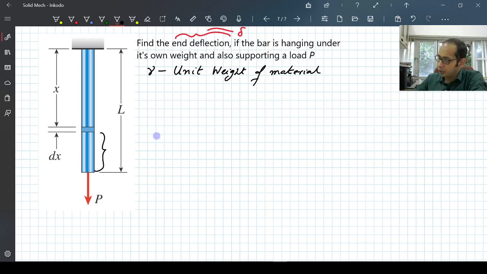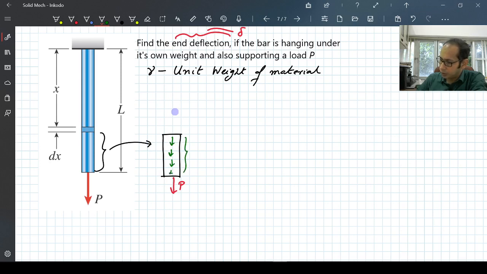So if I take this particular section and draw a free body diagram of that particular part, what I essentially get is that, suppose this is the bottom part where I have this load P which is acting over here, and I have the small self weight which is acting.